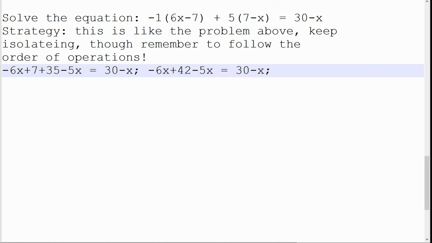That will give you negative 6x minus 5x, negative 11x, and then plus 42. Let's take 42 away on both sides.